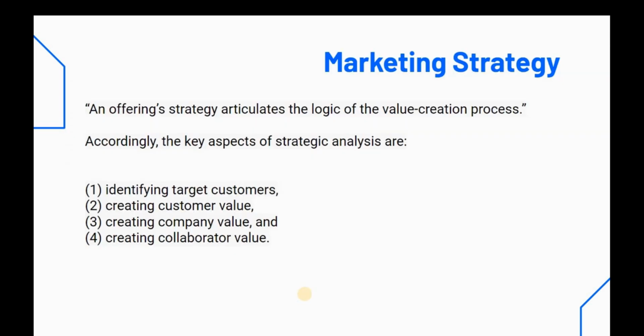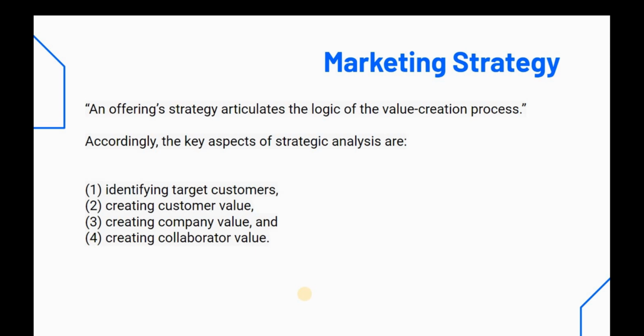So we are covering marketing strategy in this topic, and there's a saying that an offering's strategy articulates the logic of the value creation process. So later on, we will understand that the term value is very much important when a businessman or a team is crafting a certain strategy.